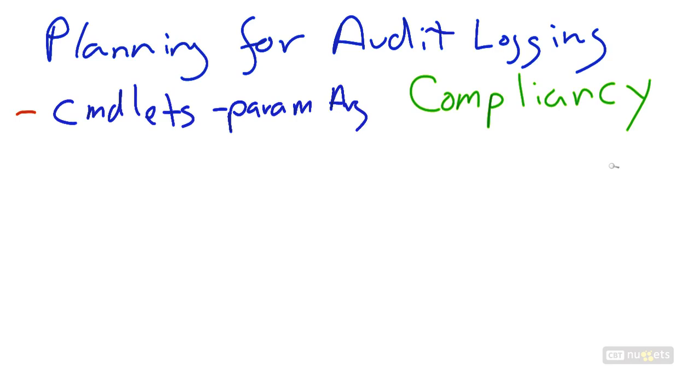Not just compliancy, but how about troubleshooting? You know as well as I do that sometimes things go wrong, and what's the first question you ask yourself? What's changed? The reason we ask ourselves that question all the time is because things change.